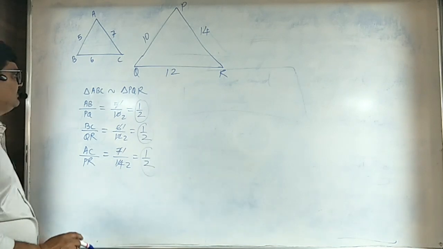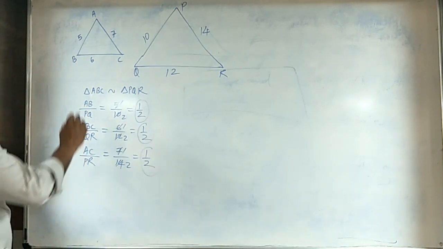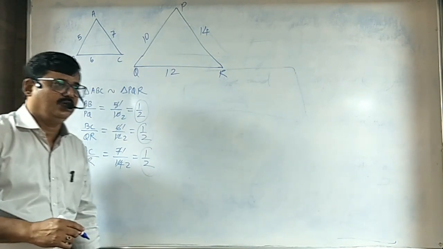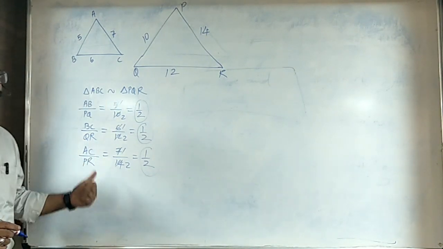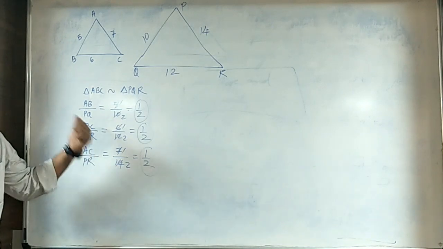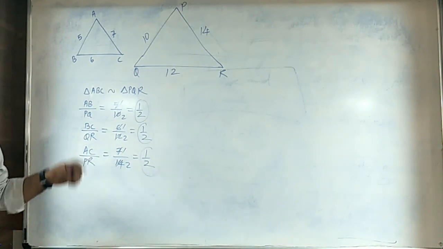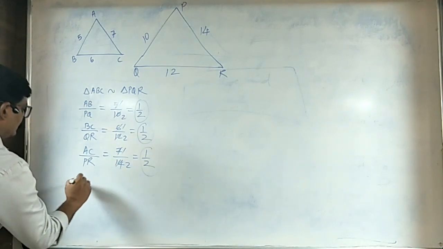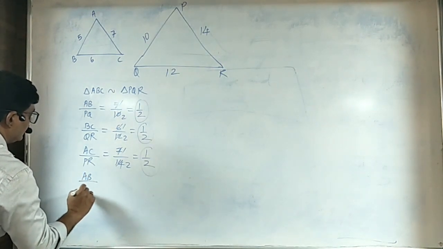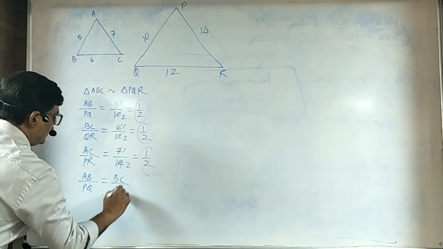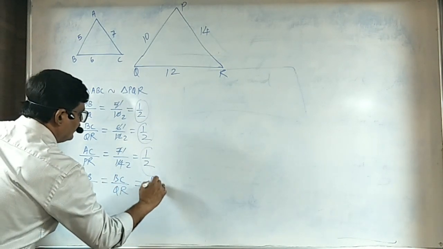So you can make out that when the triangles are similar, the ratio of the corresponding sides is equal. AB upon PQ is equal to BC upon QR, which is equal to AC upon PR.